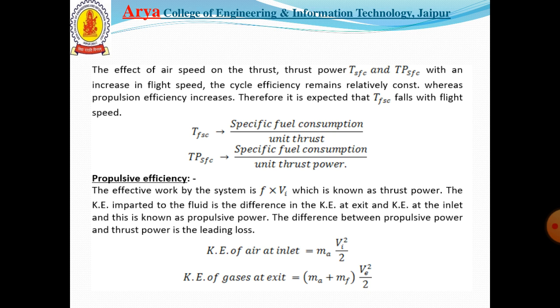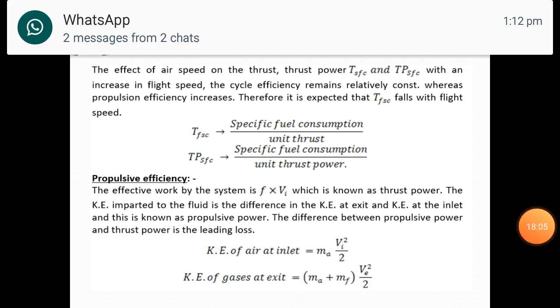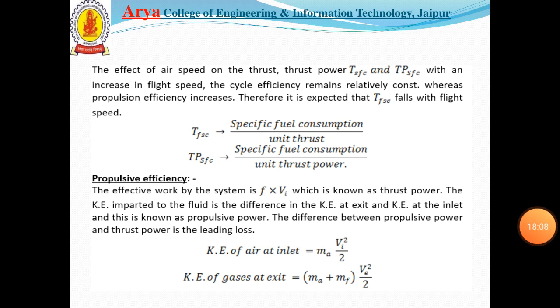Now, third is the propulsive efficiency. The effective work by the system is F into Vi, which is known as the thrust power. The kinetic energy imparted to the fluid in the engine is the difference between the kinetic energy at the exit and the kinetic energy at the inlet, and this is known as propulsive power.